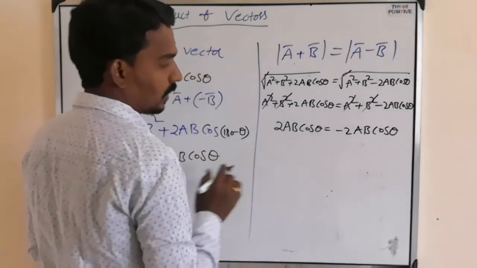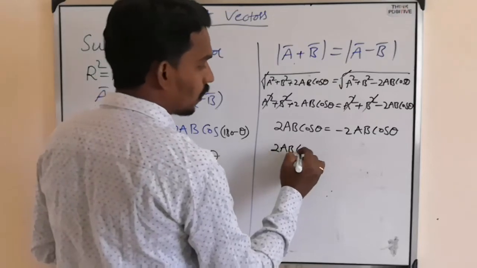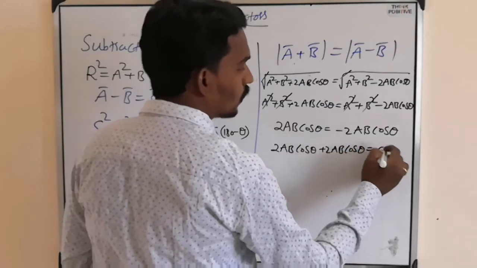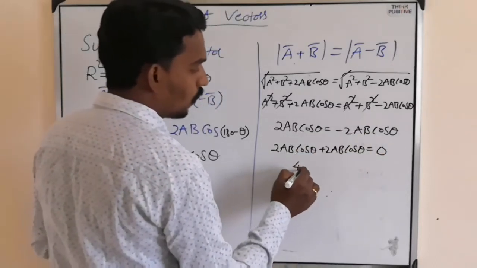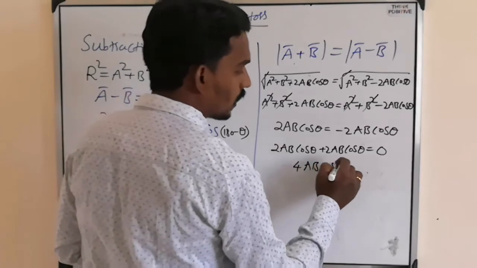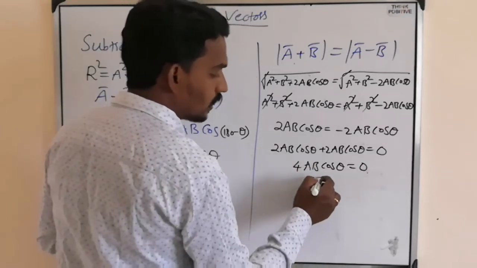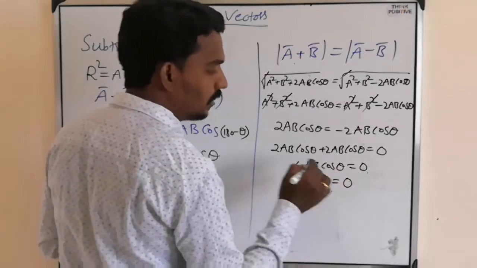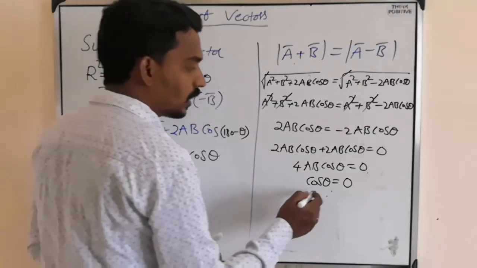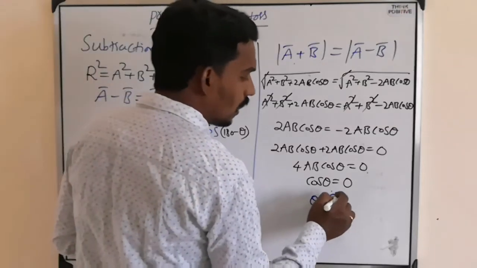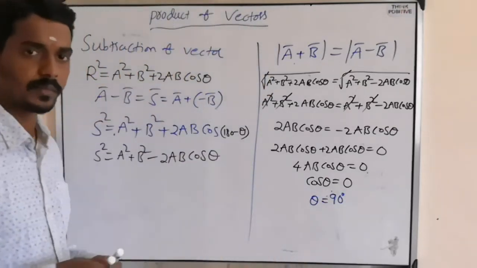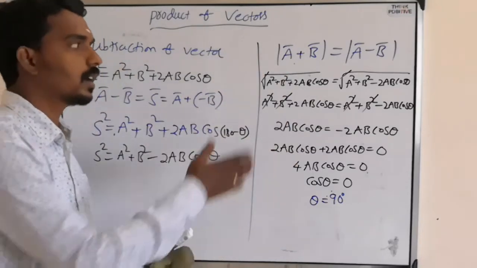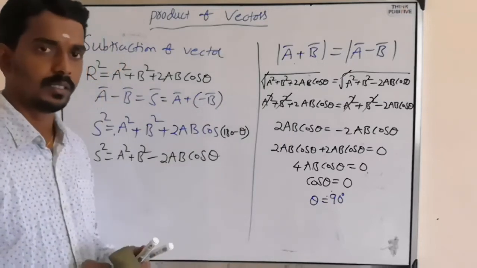Then bring this side: 2AB cos theta plus 2AB cos theta equal to 0. Then 4AB cos theta equal to 0. That is cos theta equal to 0 by something, which is 0. So cos theta 0 means what is theta? 90 degrees.